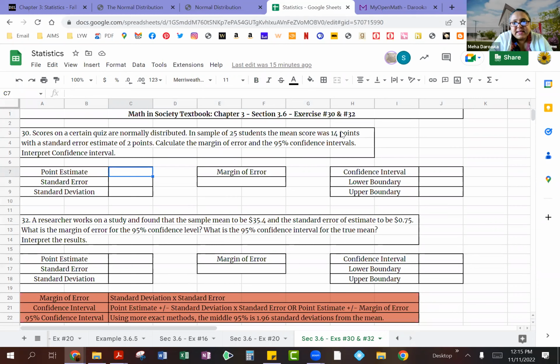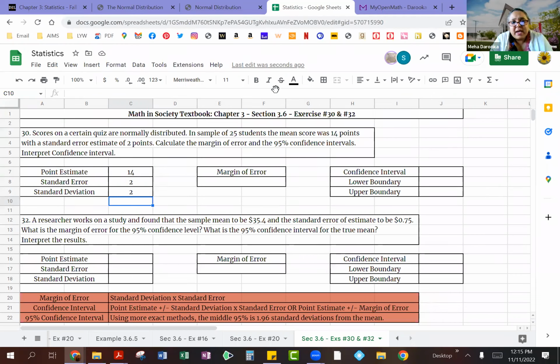And you can see they're telling us our mean score was 14 points. So this is going to be 14 points. Your standard error, remember, is basically for this sample your standard deviation, which they're using the term standard error, and that's going to be 2 points. So your standard deviation is also going to be the same number, 2 points.